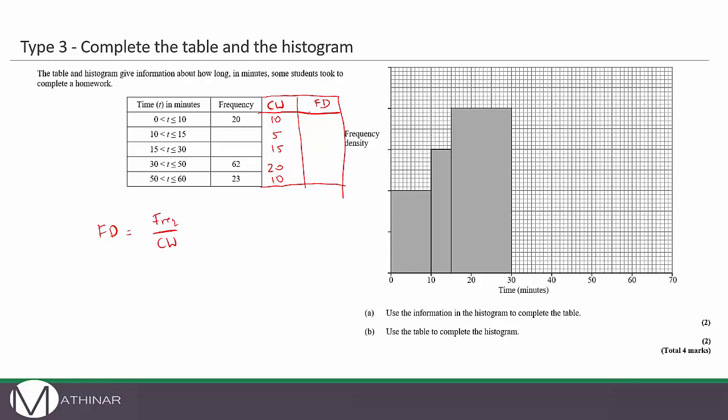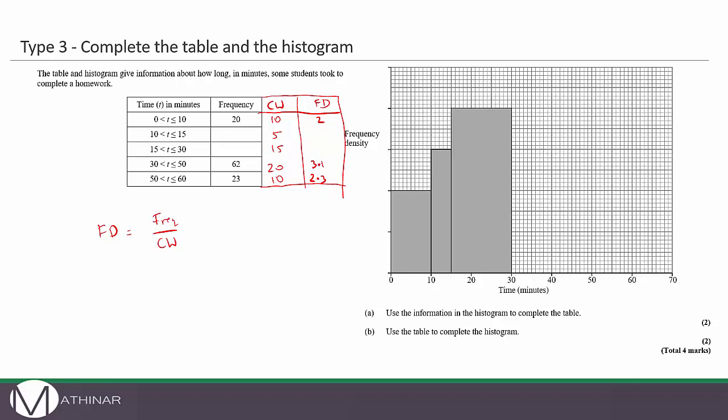We can work out this one, because frequency density is frequency 20 divided by class width 10. So that's 2. This one we don't know the frequency, so we can't work it out for row 2 or row 3 yet. Row 4 will be 62 divided by 20, which is 3.1, and 23 divided by 10, 2.3. So this should be 3.1.